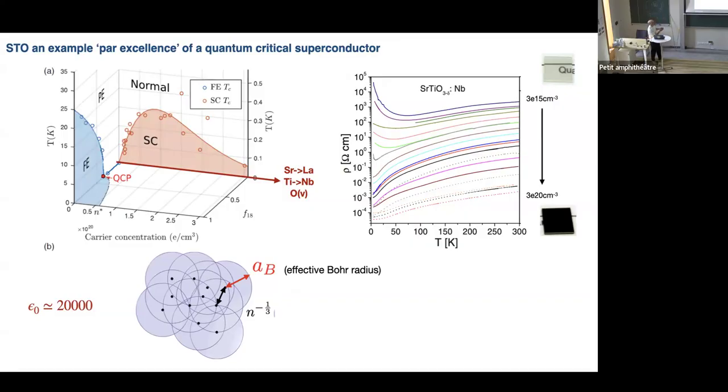So this is here the resistivity as a function of temperature for samples with carrier density from 10^15 to about 10^20. Essentially, your system, which was transparent, becomes black, and this metal-insulator transition occurs at a very low density. And of course, as I already introduced, it also becomes a superconductor.